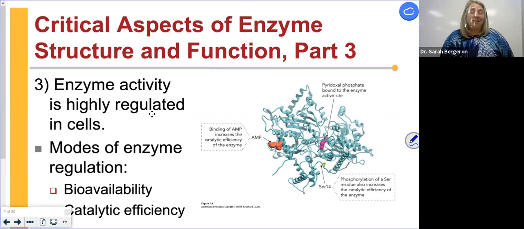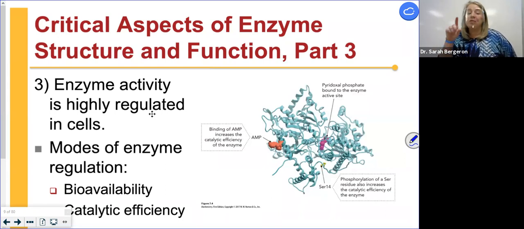That is not going to be beneficial for the cell, because you have processes that are degradation and synthesis of the same molecules that have to happen in the same cells. So if all of your enzymes were active all the time, you would be futile cycling through things all the time, and it would be a complete and total waste of energy.